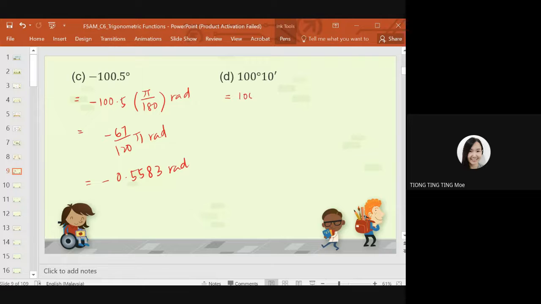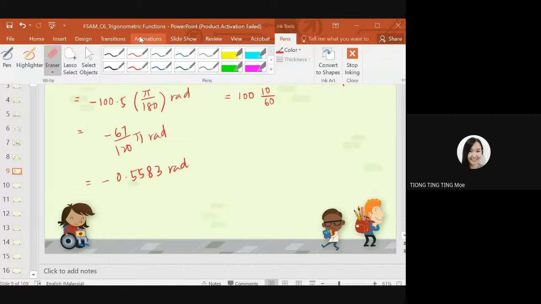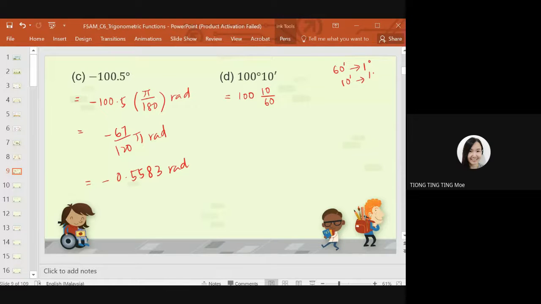So it's 10/60, because 60 minutes is 1 degree, so 10 minutes is 10/60. You must know that concept. Don't depend too much on the calculator.